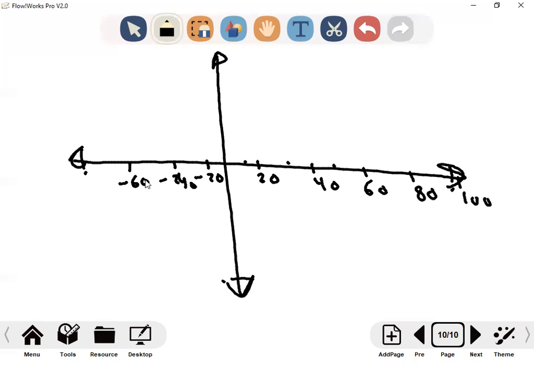Let's finish. Good, what do you want? Yes, negative 80 and negative 100. Okay, same here 20, 40, 60 until what? 100. And here also negative 20, negative 40, negative 60, negative 80, negative 100.